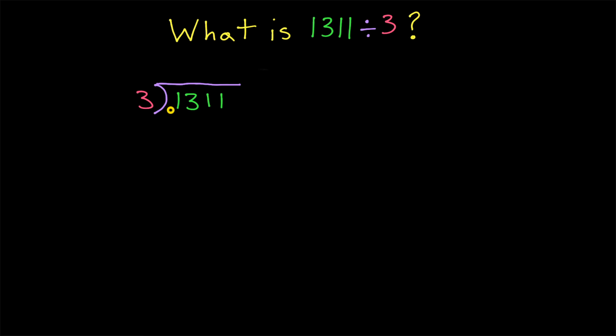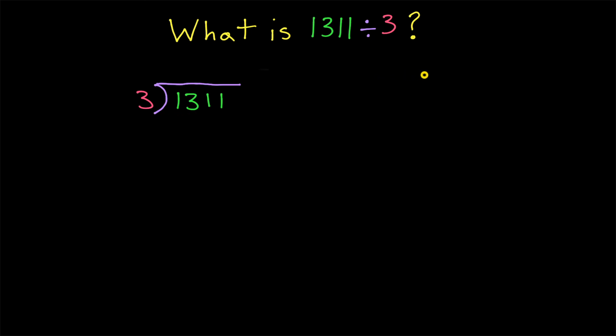And ask yourself, what is the highest number times the divisor that is less than or equal to the first digit of the dividend? Or, in our particular case, what is the highest number times 3 that is less than or equal to 1?